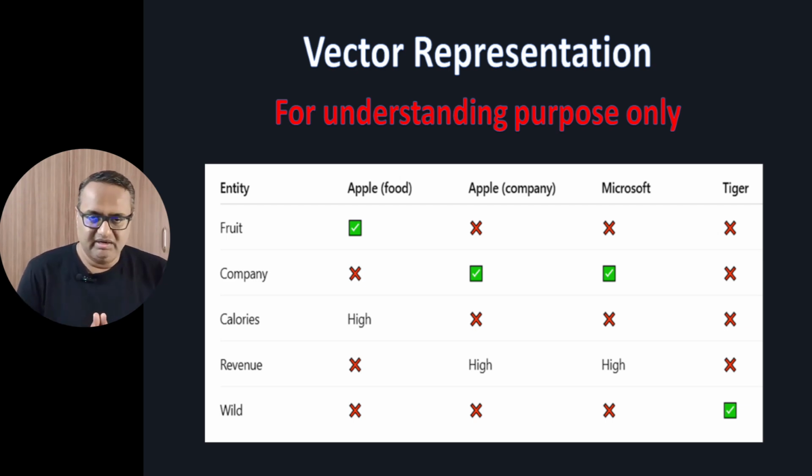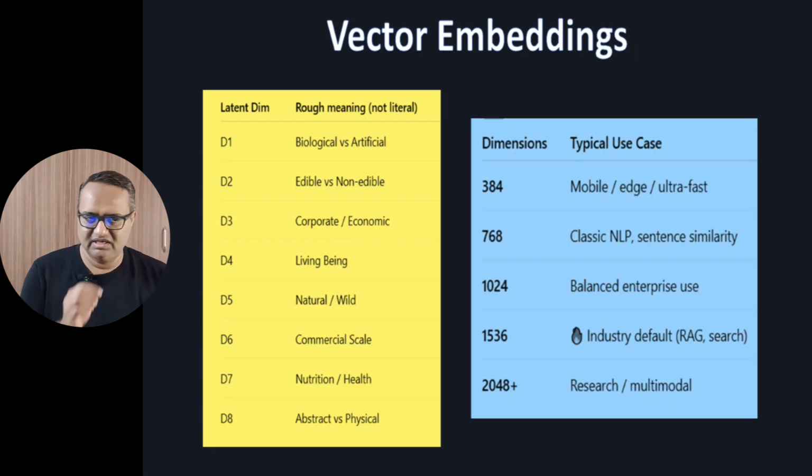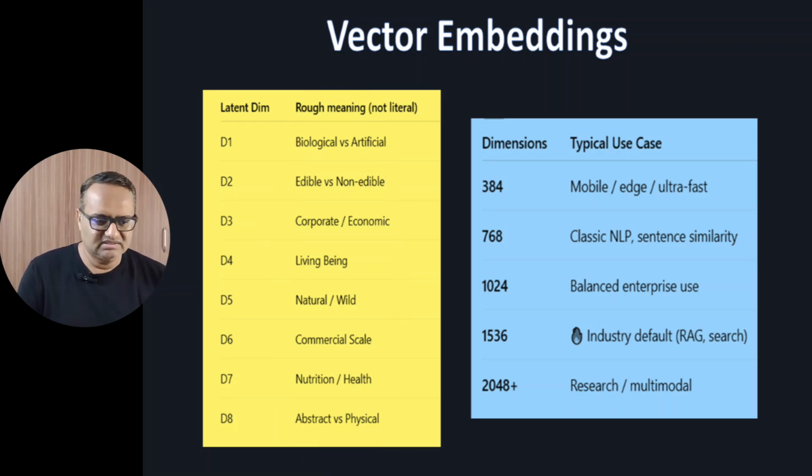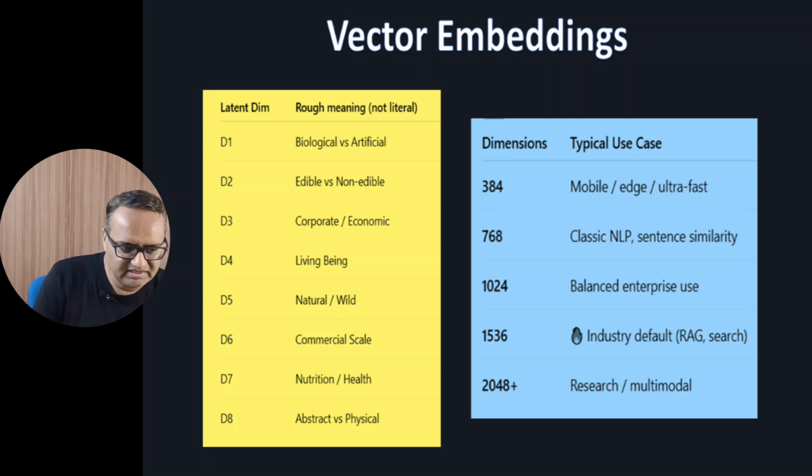Let's understand vector embeddings, which is how data is stored in a vector database. The embeddings are created by the AI system itself, with its own AI algorithms. This is just an example of how embeddings are done. Each word or sentence is categorized on whether it is biological versus artificial, edible versus non-edible, corporate, economic, living, natural or wild, and so on.